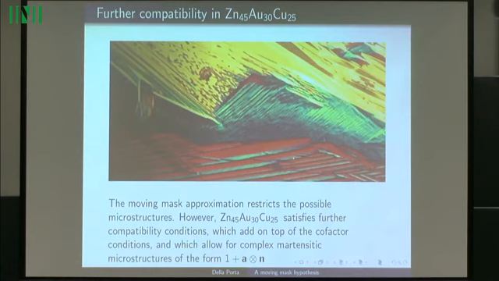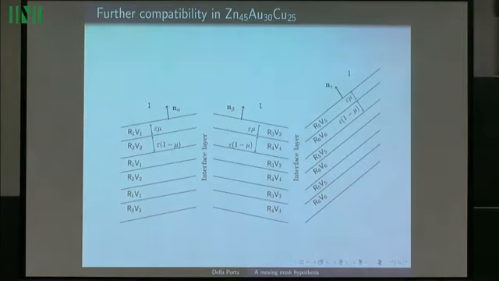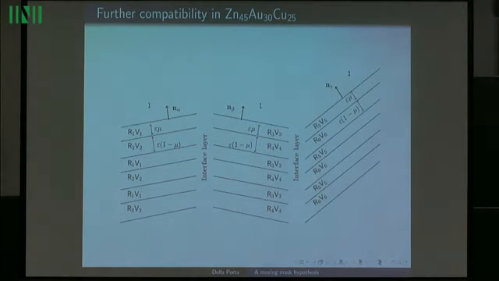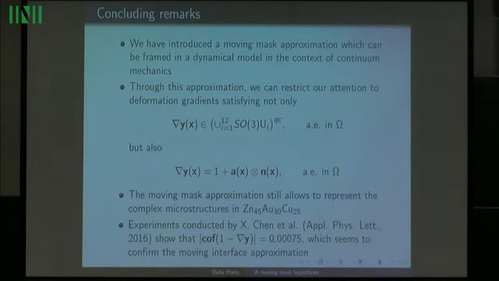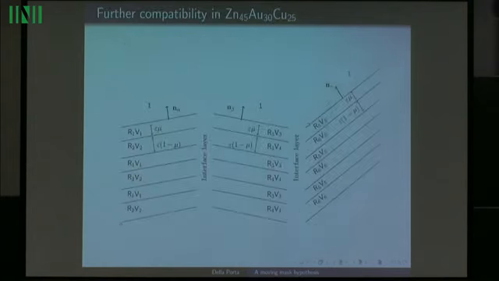Just to give a flavor of what that means, in this further compatibility condition in zinc and gold copper, we can take 6 variants of martensite, related to these 6 deformation gradients, and all these 6 deformation gradients are rank 1 connected to the identity, so they satisfy this differential constraint. And when we mix them, they still satisfy this differential constraint.